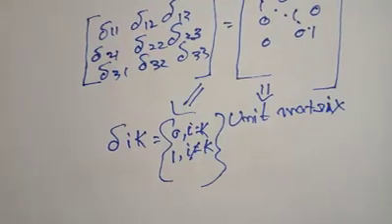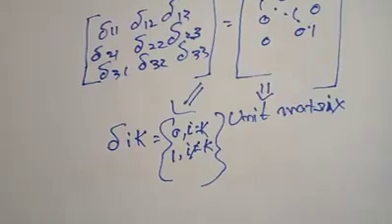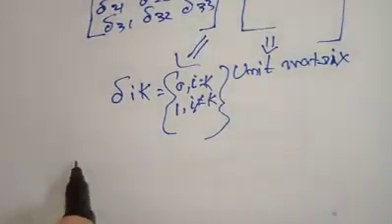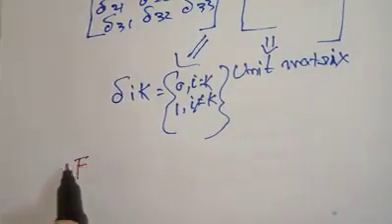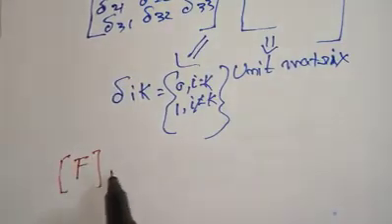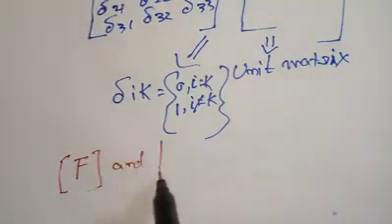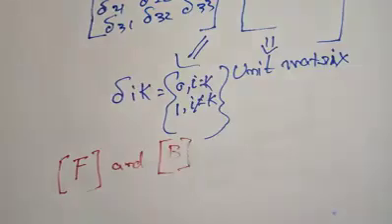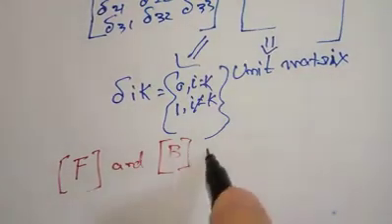So I can always take a final conclusion over here that the forward transformations given by f and the backward transformations b are inverses of each other.